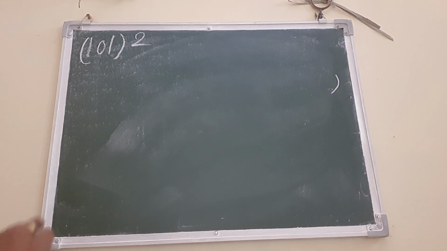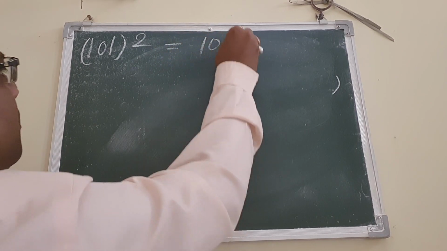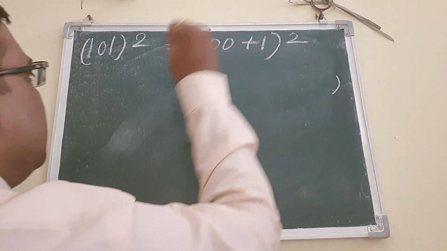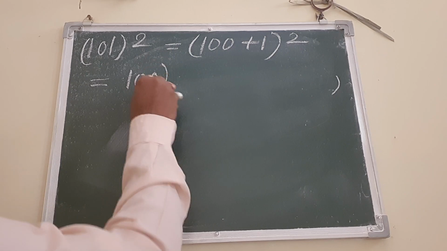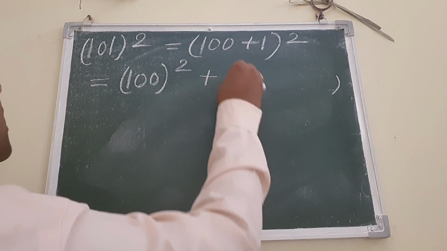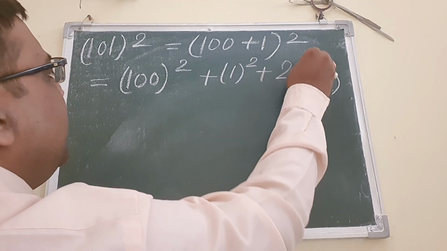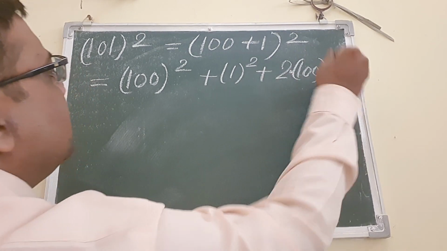We can write it as 100 plus 1 whole square. So it becomes 100 square plus 1 square plus 2 into 100 into 1.